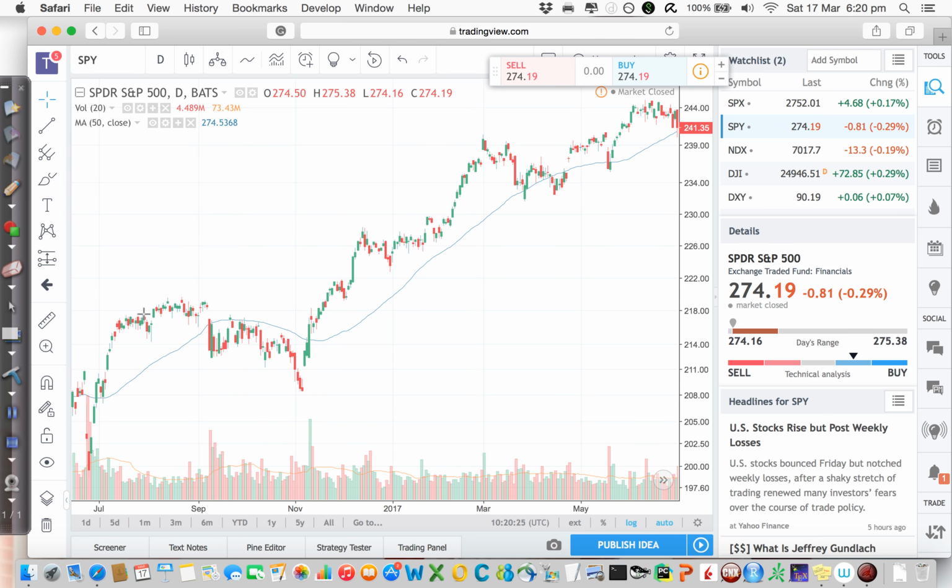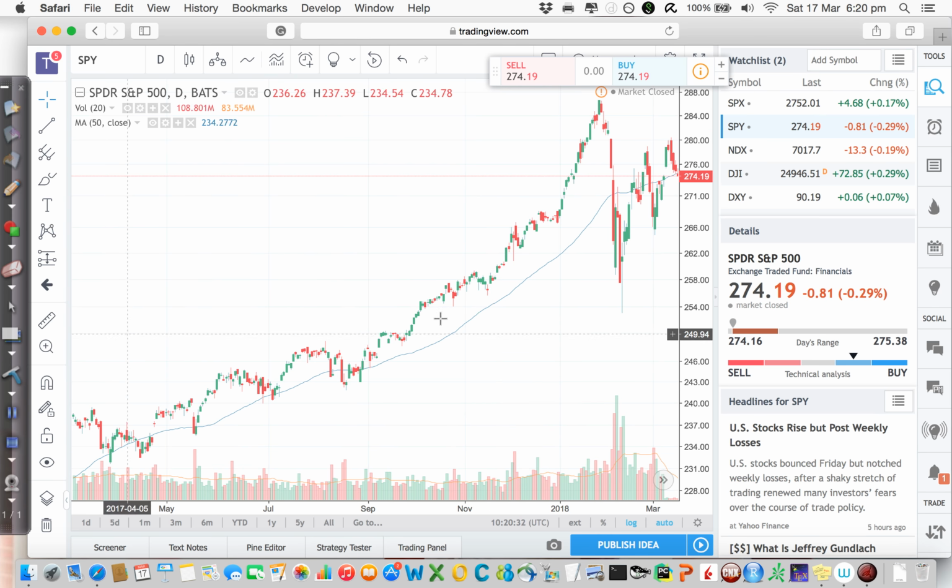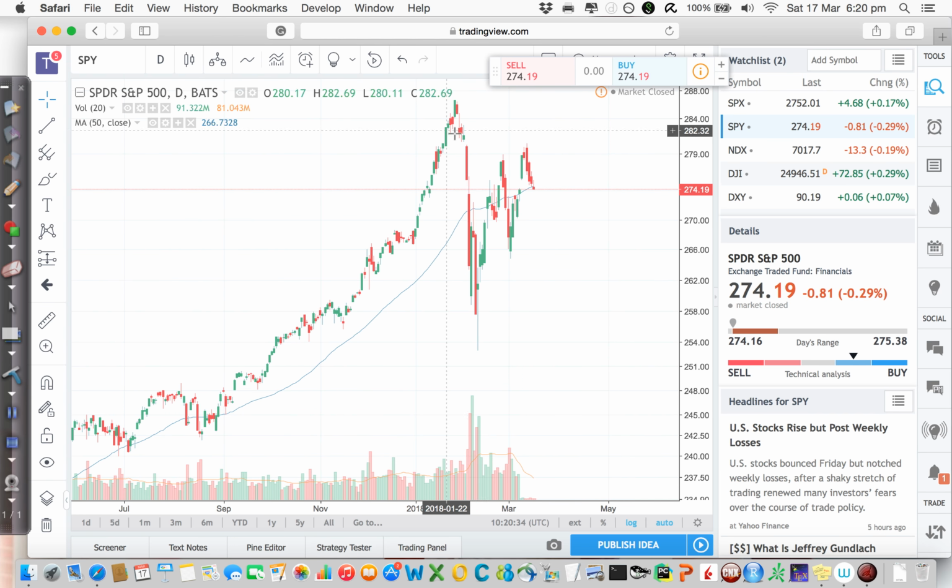If you use moving average for identifying shorter term trends, for example, here, maybe you can use some moving average like 10, 20, and you will see that here it is sloping down.